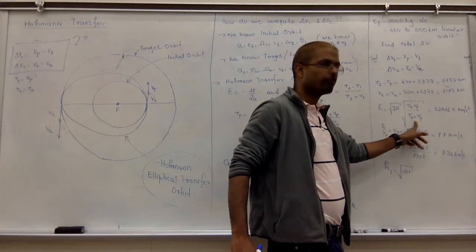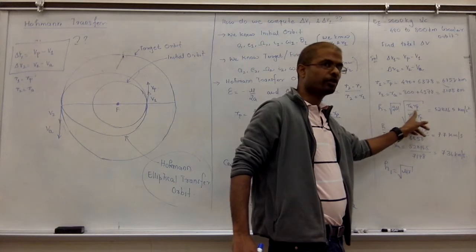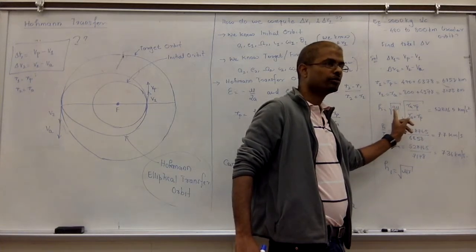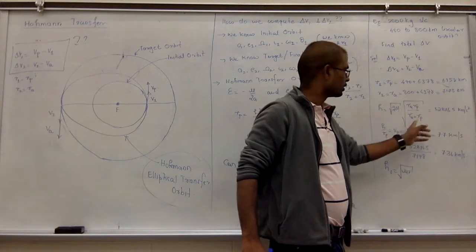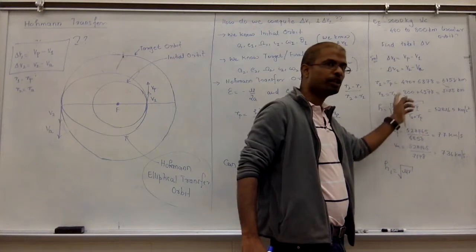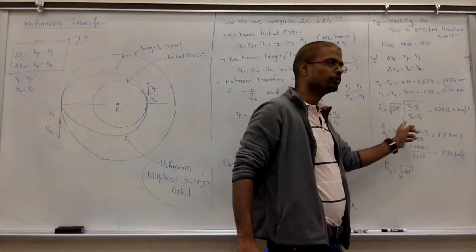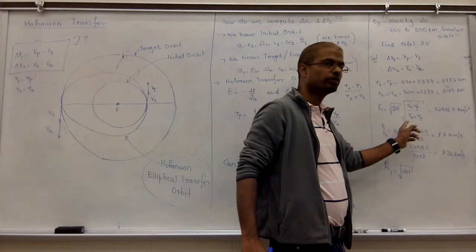Right? For the circular orbit, can I apply this? H1 would be R square, RA, RP is the same. RA plus RP is the same. It's simply R square over 2R, which would be R over root 2. Right?